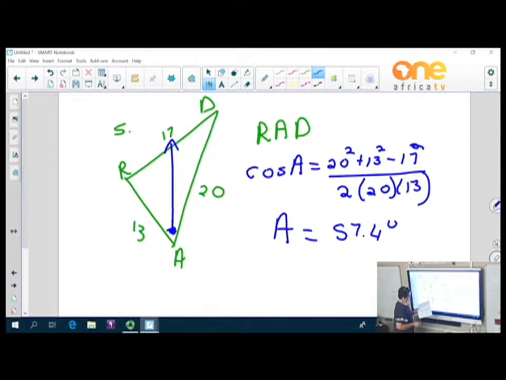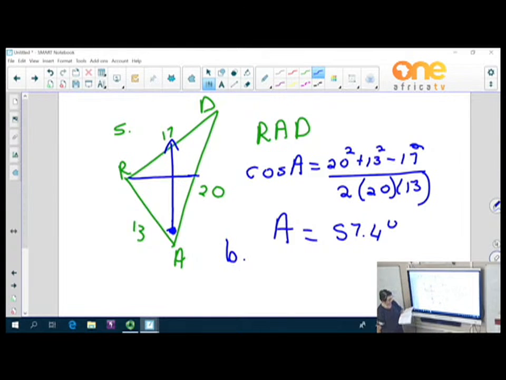Then they want the shortest distance from R to AD. From R to AD. Now the shortest distance will actually then also be a perpendicular distance that we have here between the two. That would be your shortest distance then there.